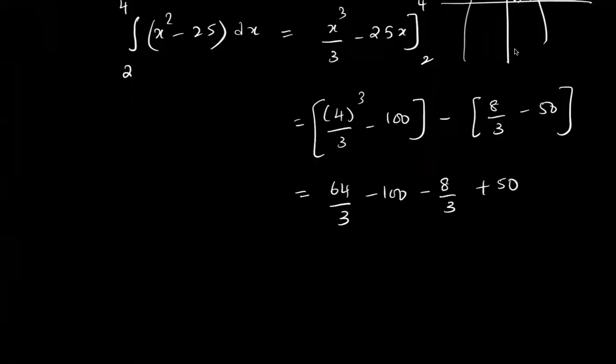So 64 minus 8 is 56. So I have 56 over 3 minus 50, right? So this is 150. 150 minus 56 is 94.